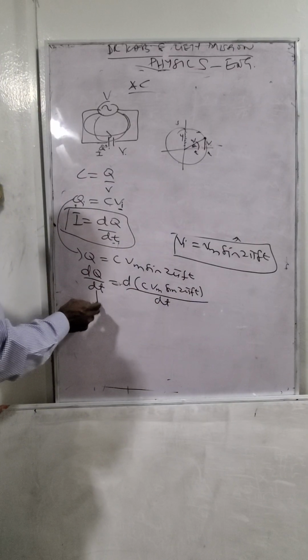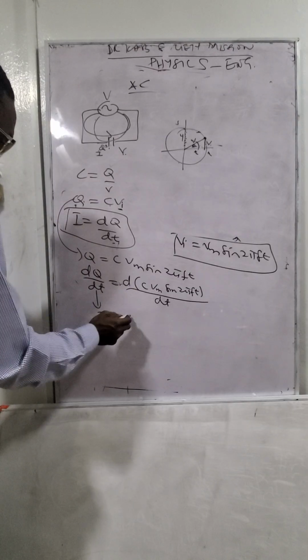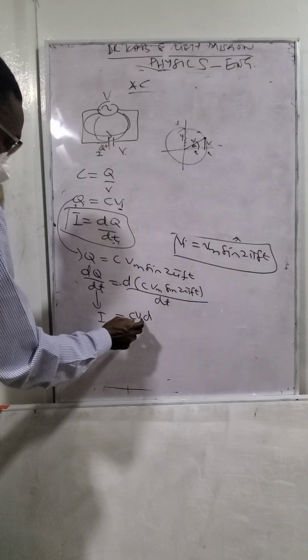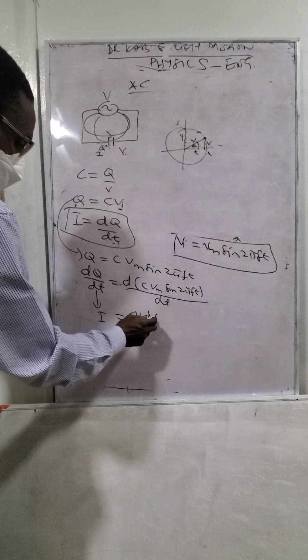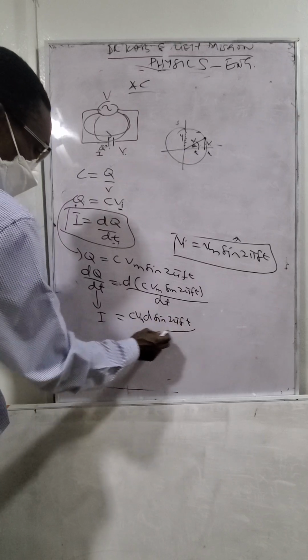So that this we know is an expression for I, current. And this is a constant, so the constant comes out. This is also constant, okay? The sine 2 pi ft dt.